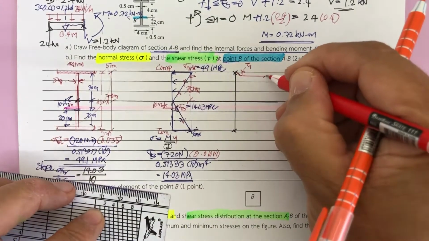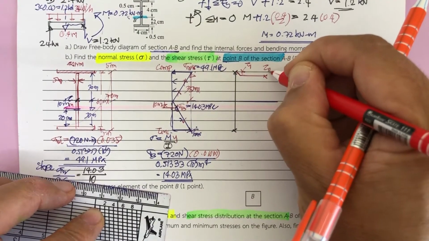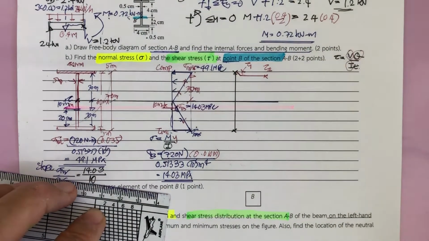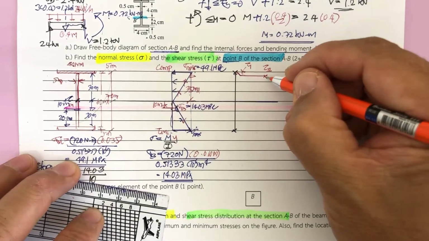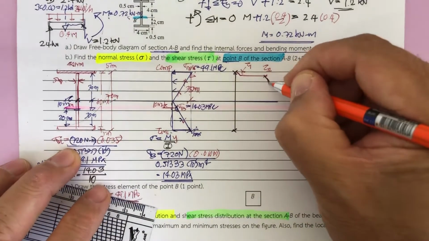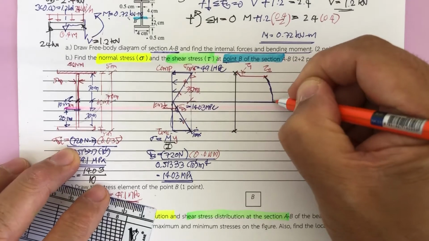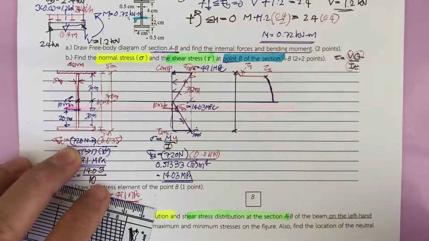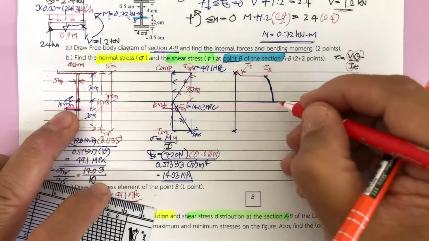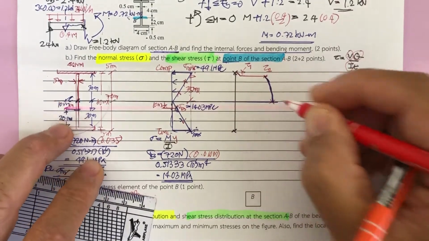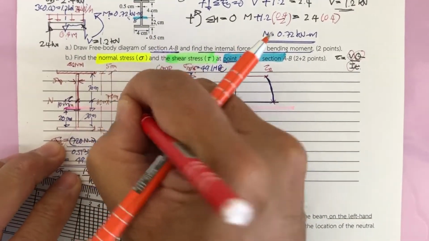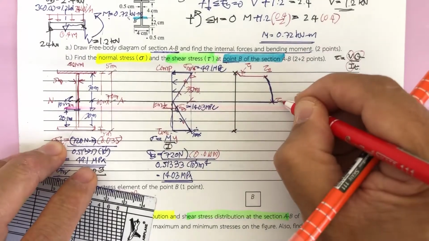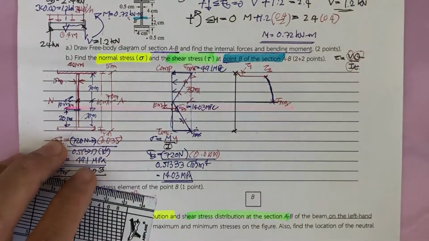So this gets larger. Let's say this is tau 2. Then the shear stress of the section will increase in a parabolic manner, and again, tau max occurs at the neutral axis. That is going to be tau max.